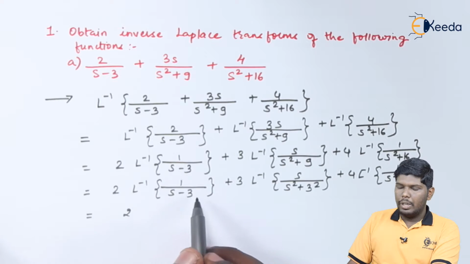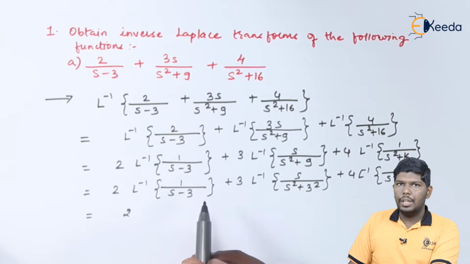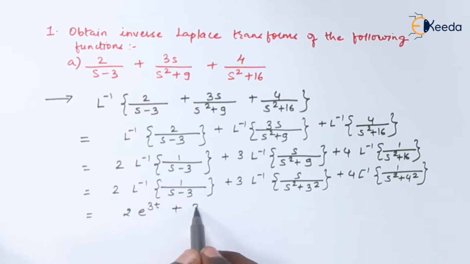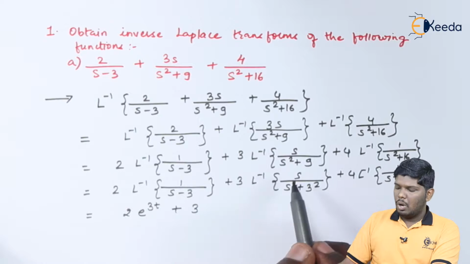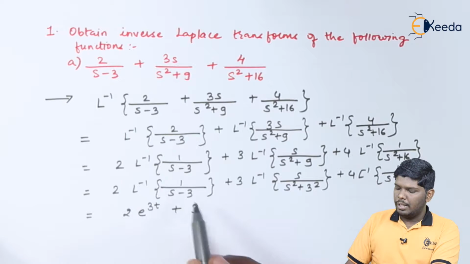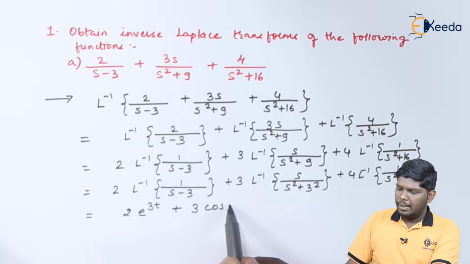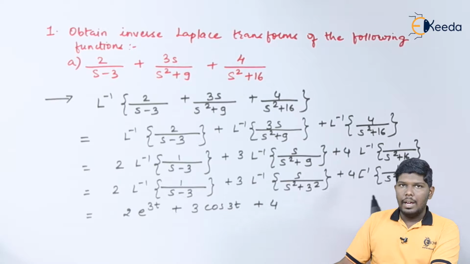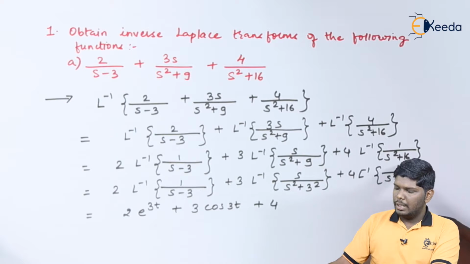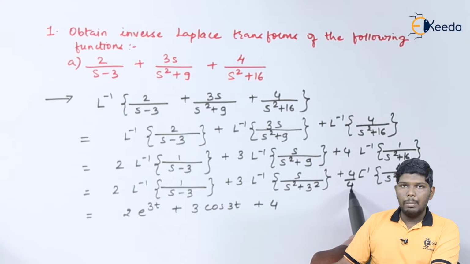Laplace inverse of 1 upon s minus 3 will give you e raised to 3t. Laplace inverse of s upon s square plus 3 square will give you cos 3t. And here we have 1 upon s square plus a square. So we need to adjust, or you need to divide by 4, so that this will give you 4, and here divide by 4.